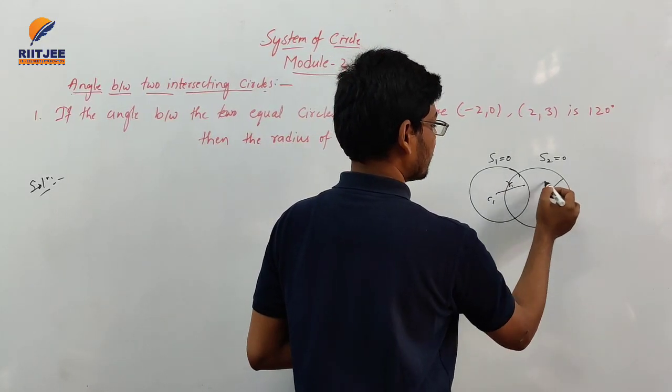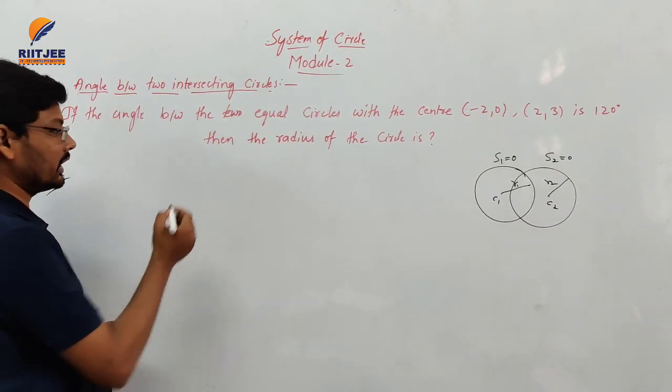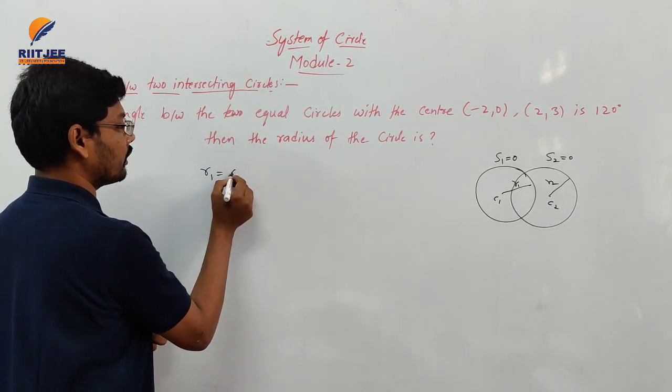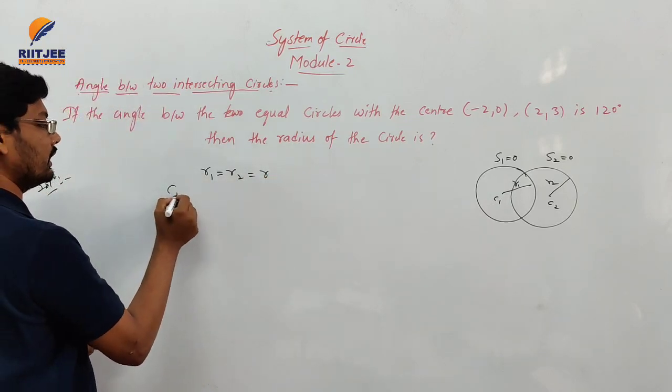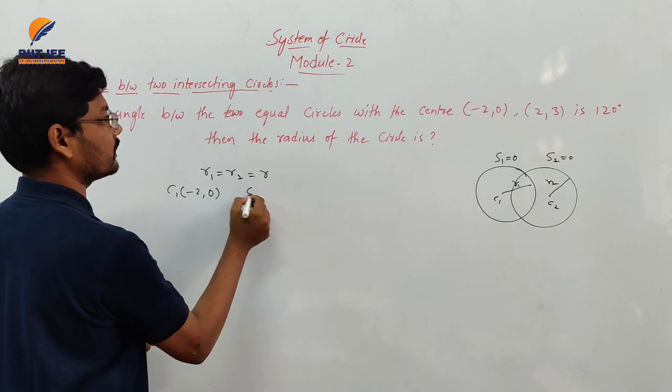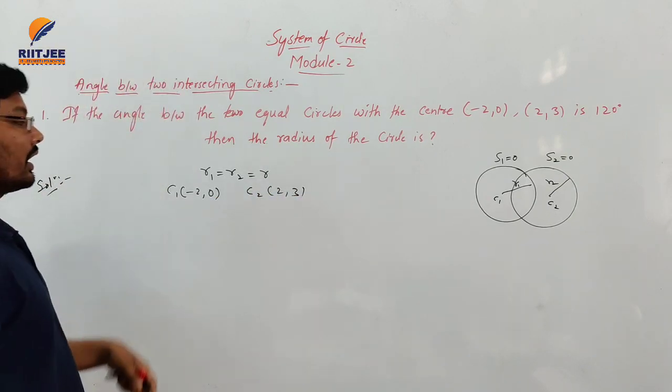Since they are equal circles, R1 equals R2, so we take R. Here C1 is minus 2 comma 0 and C2 is 2 comma 3. The two centers are given.